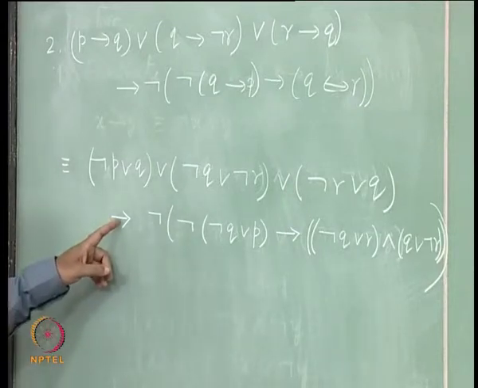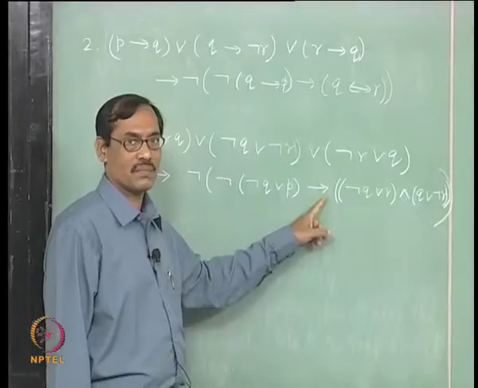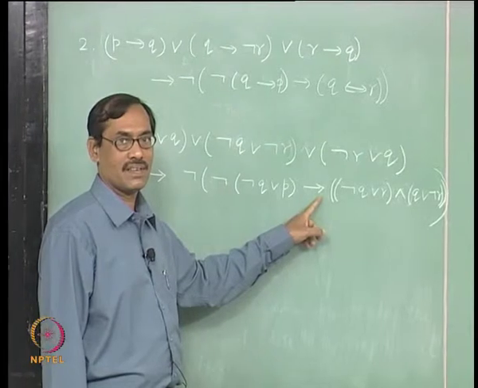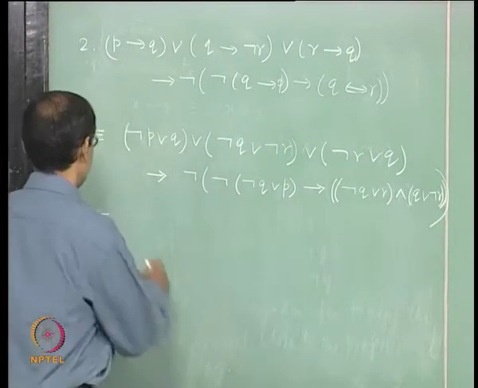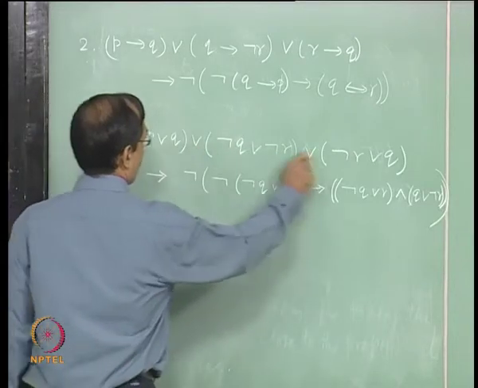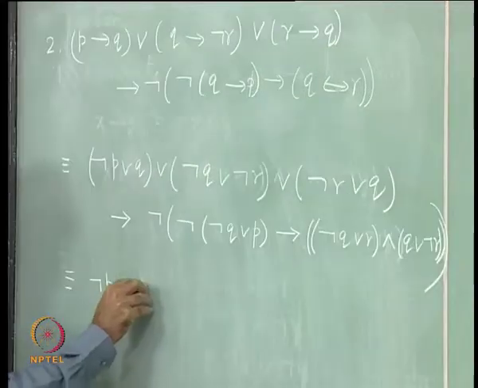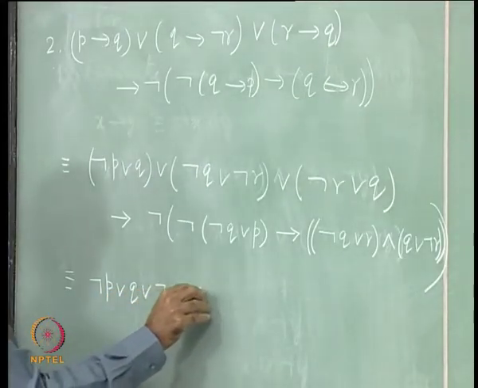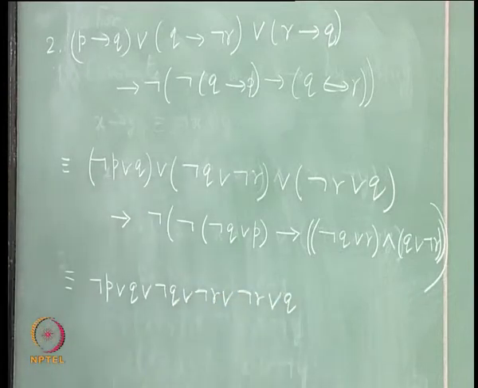So, there is a nested implication, one is here outside, this is say inside. First, let us take care of this. You can take care of both at a time, but let us take care of this first. So, this gives, okay, these are all ORs. So, I can put them together with associativity. Okay.